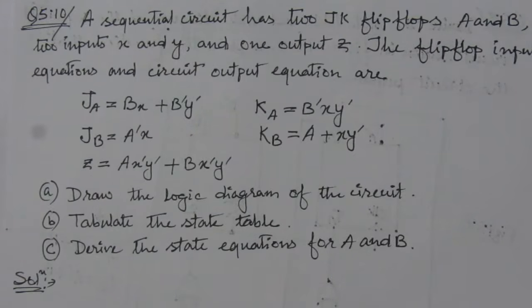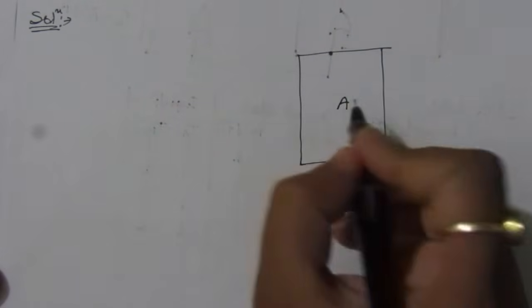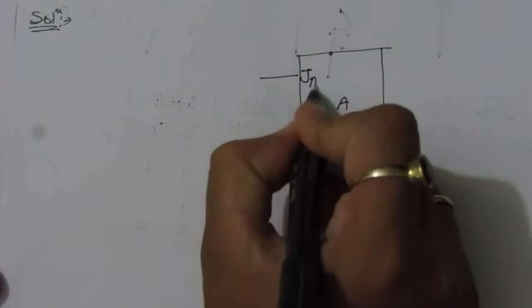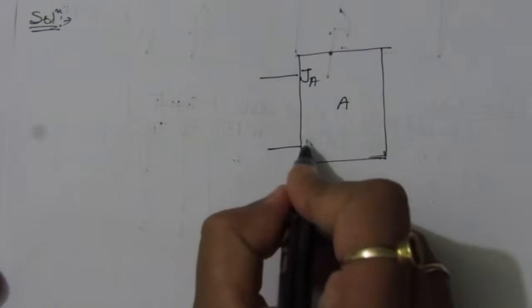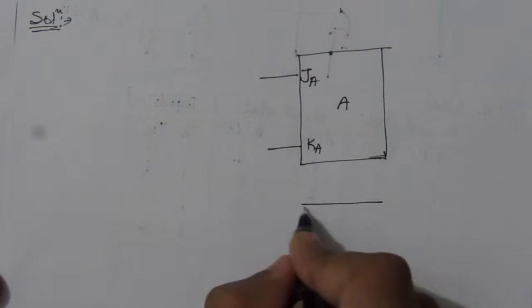Now, first of all, let us draw the circuit using these equations. Here we have two JK flip-flops. Suppose this one is the A JK flip-flop. Here we will have the input JA, and here we will have the input KA. Next we will have another JK flip-flop.